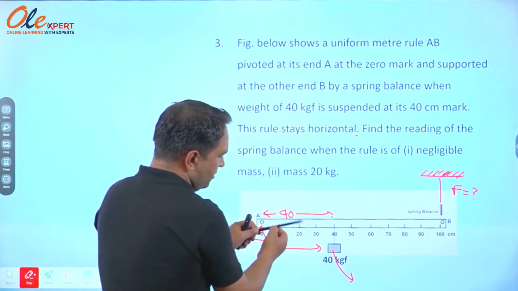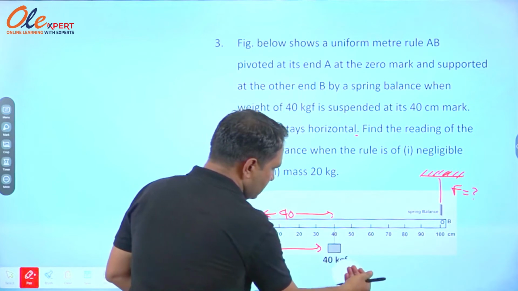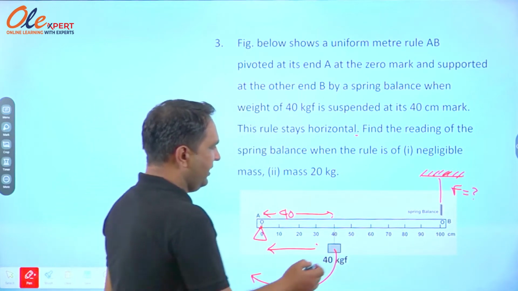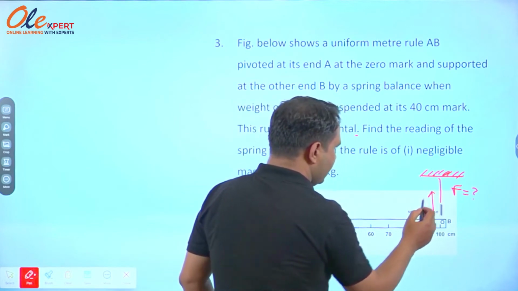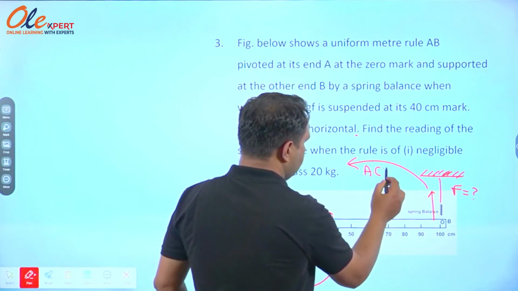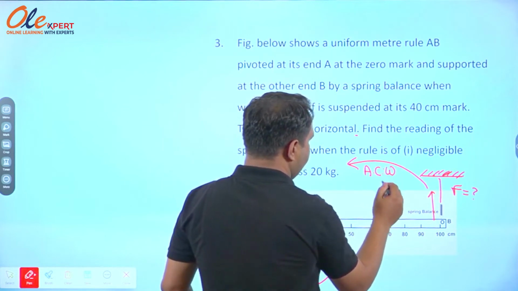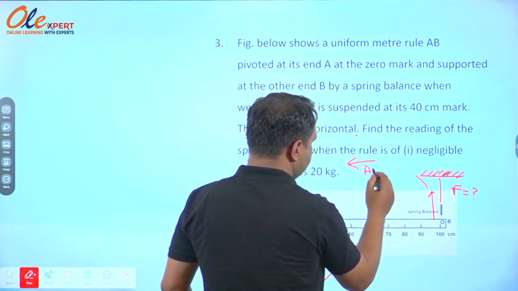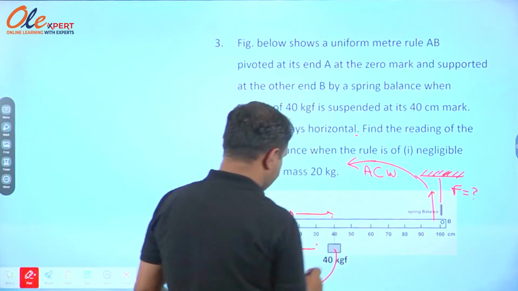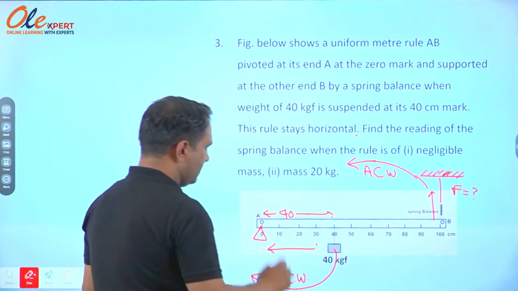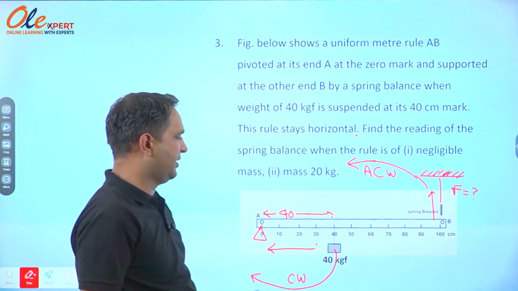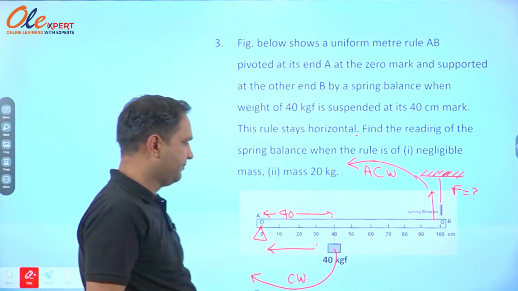So it will do clockwise moment. And this force acting at this end will do anti-clockwise moment. We will equate both the clockwise moment of force and the anti-clockwise moment of force.